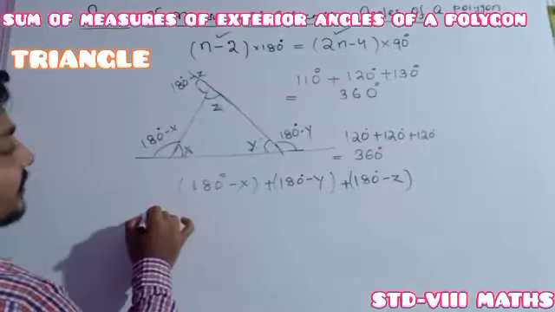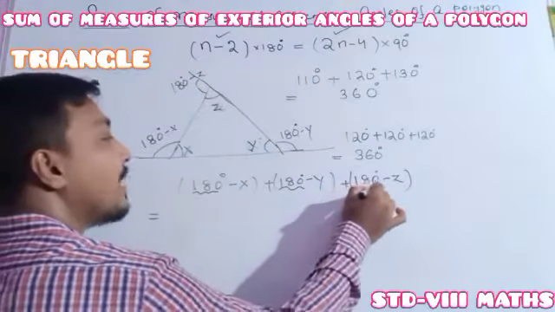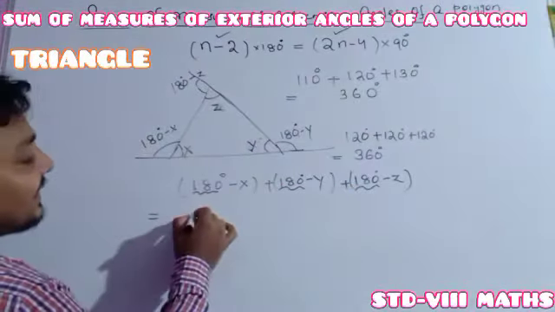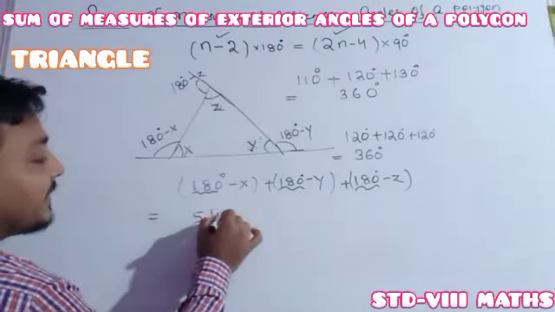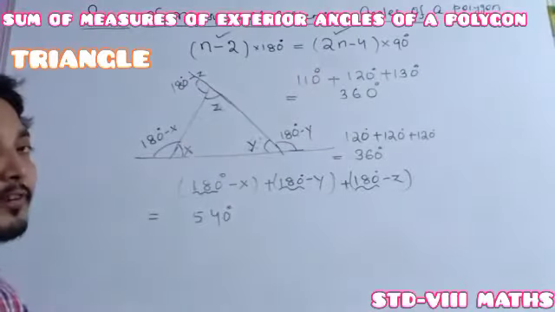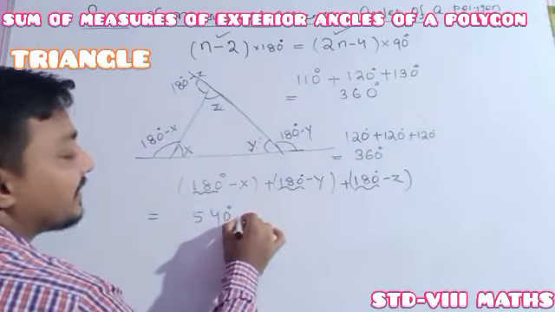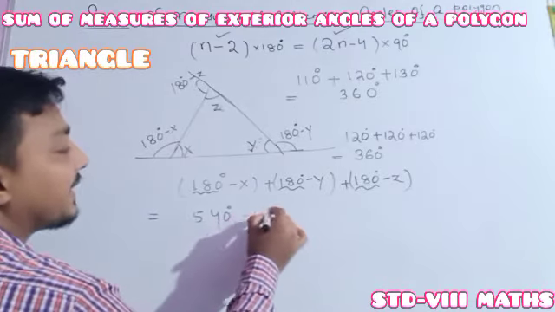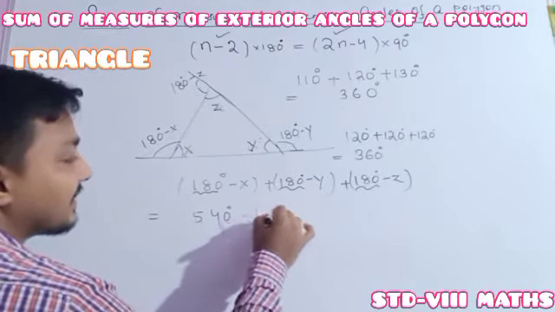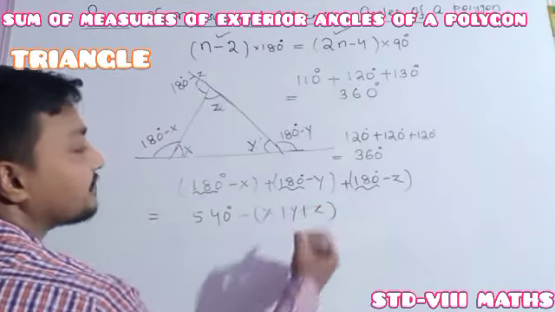When I open the brackets, I get 180 three times, which is 540 degrees, minus x, minus y, minus z, that is, minus (x plus y plus z).